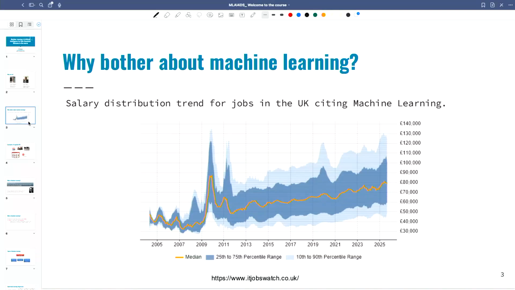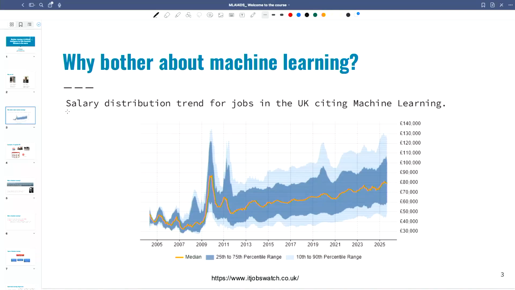So you can find it in healthcare, environmental science, battling challenges of human beings. But apart from ethical and moral objectives that you might have in your mind, it's a rewarding job. You could see how the trend of salary is changing over the years, from 2005 up until now in the UK.